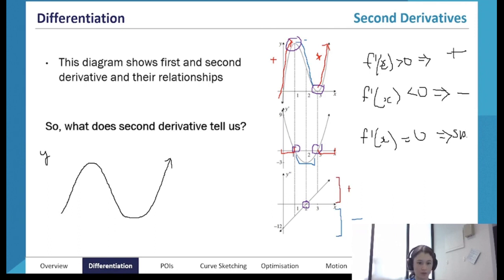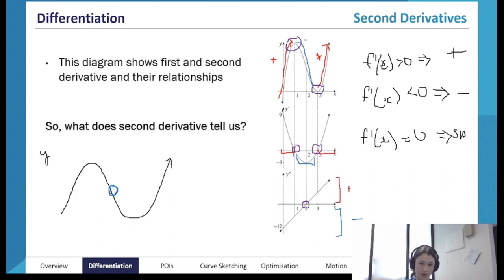So, as you can see in this section here, even though the gradient of this function is what we've drawn over here, the gradient of the function and the actual concavity of the function are not the same thing. As I said, the concavity tells us about whether the gradient is increasing or decreasing.